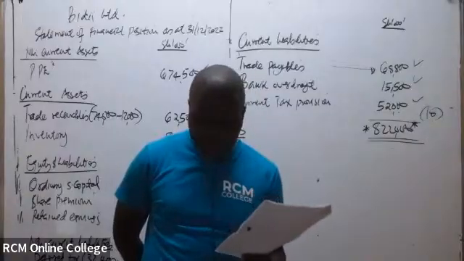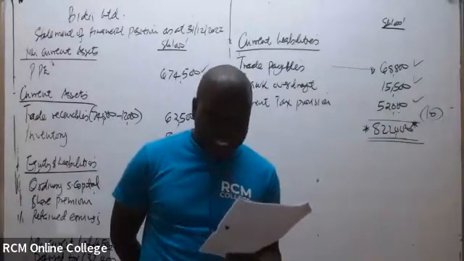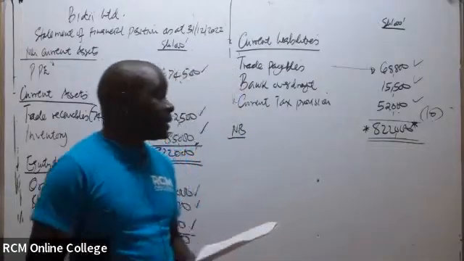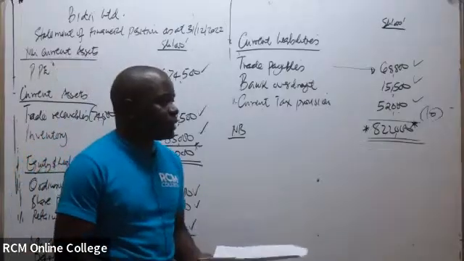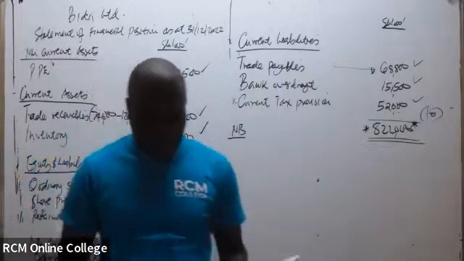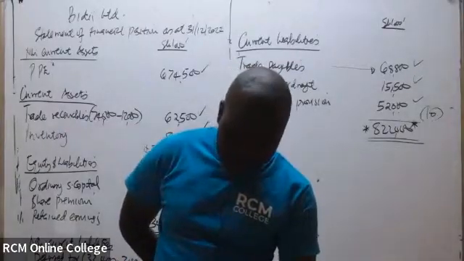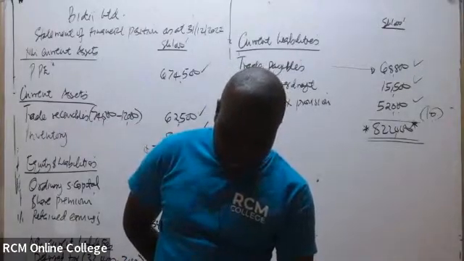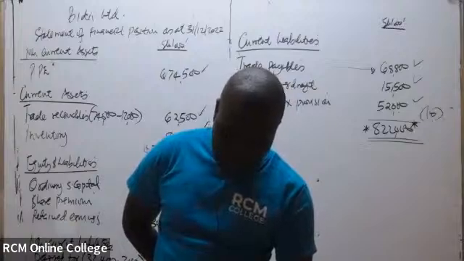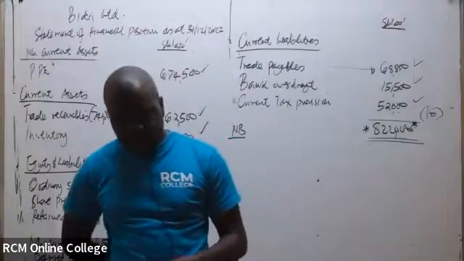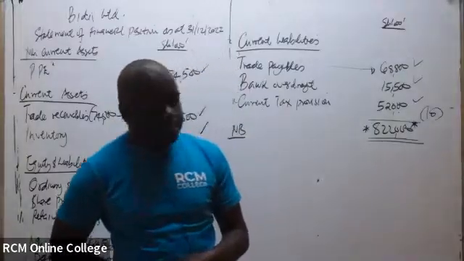It is an under provision, and therefore you deduct it. But if it is on the credit side, it is an over provision, and then you add it. So it can either be an under provision or an over provision. If it's on the debit side, it is an under provision.